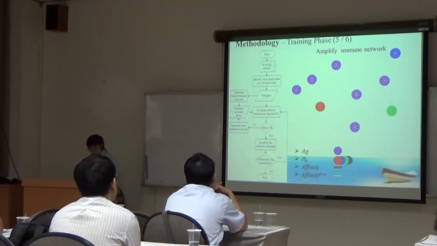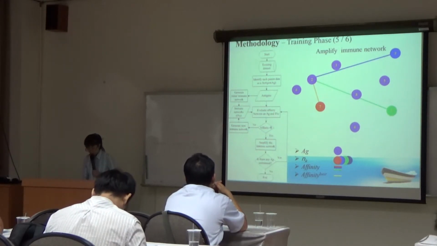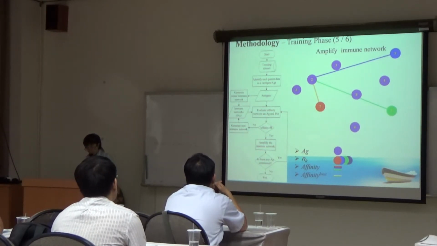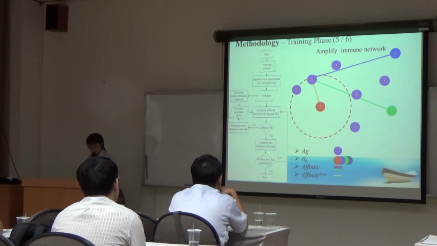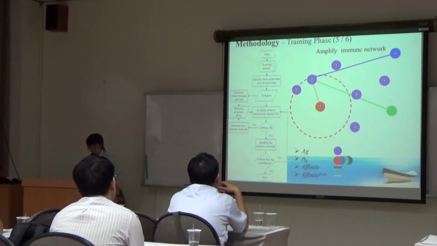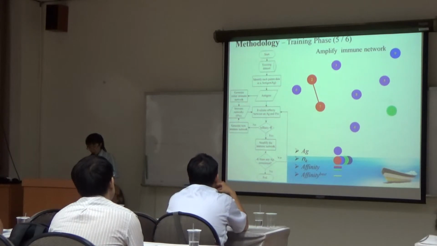As shown in the right figure, antibody 2 is more similar to immune network 7 than to networks 1 and 9, and the similarity of antibody 2 and network 7 is larger than the threshold. So the antibody will be cloned to network 7 to amplify network 7. The others follow the same way to generate or amplify the related immune networks.